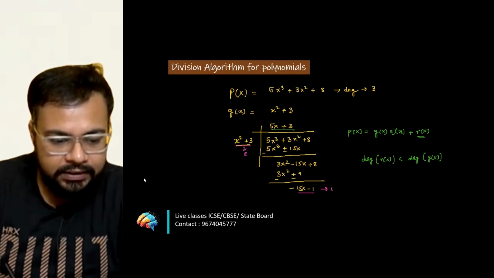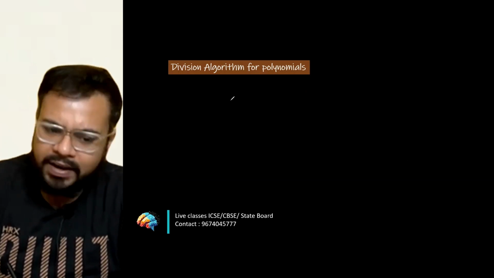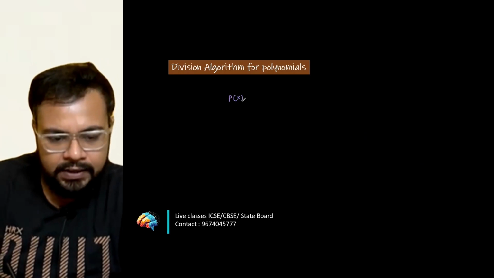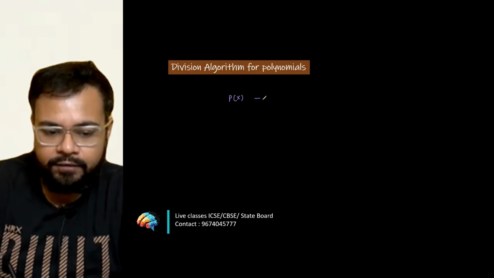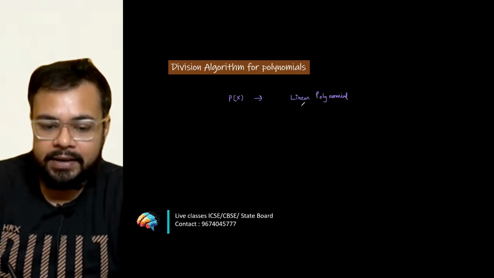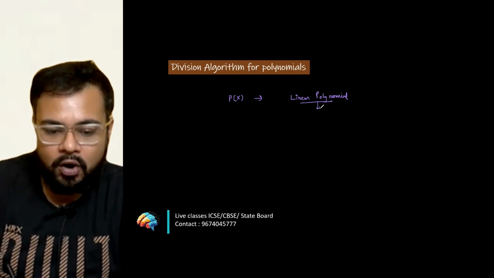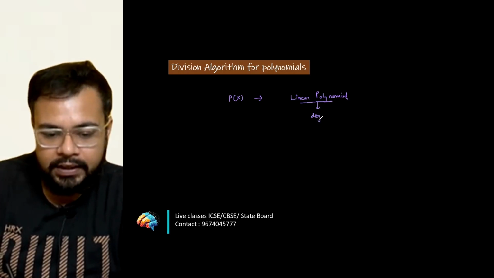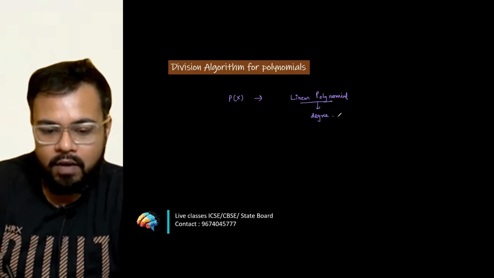Assume that any polynomial p(x) is being divided by a linear polynomial. What does that mean? A linear polynomial means a polynomial of degree 1.